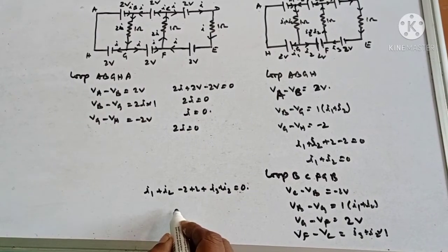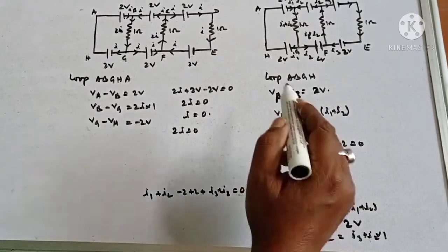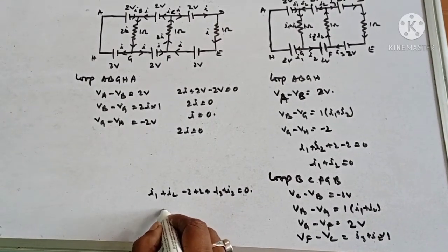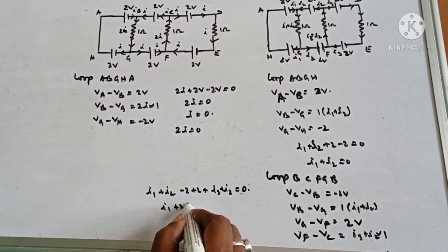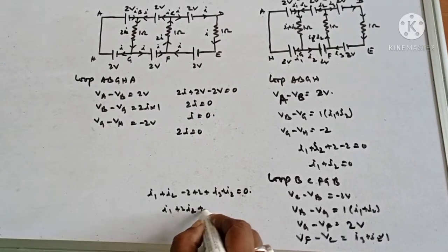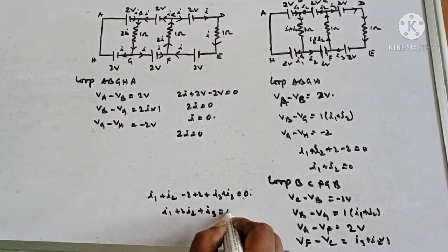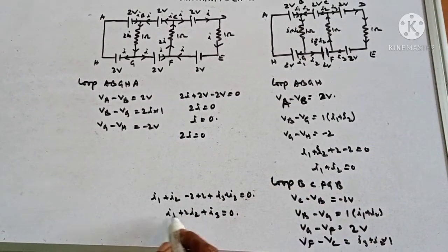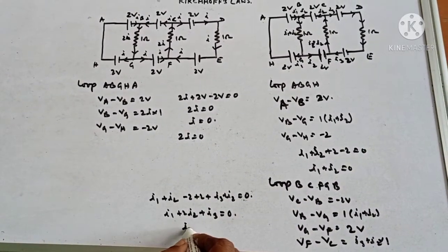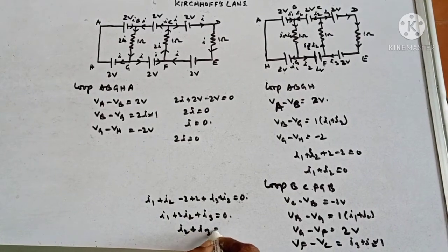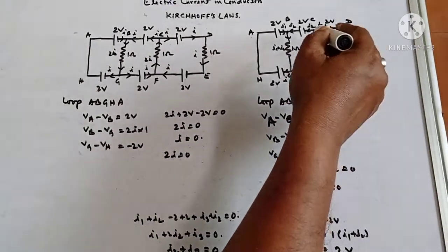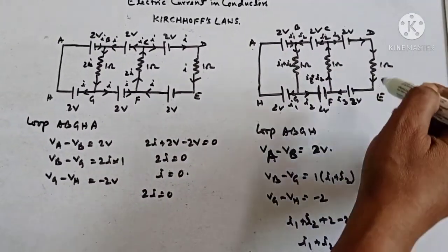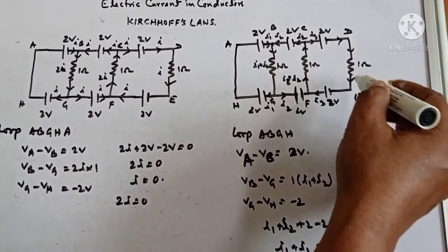So here you get I1 plus 2I2 plus I3 is equal to 0. Again, since you have got I1 plus I2 equal to 0, here I2 plus I3 will be equal to 0. So here you can see I2 plus I3, the flow of the current is 0.